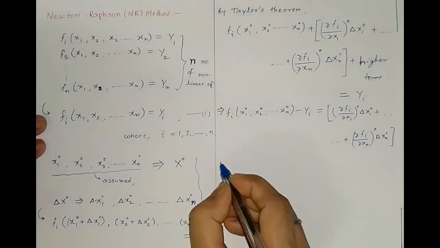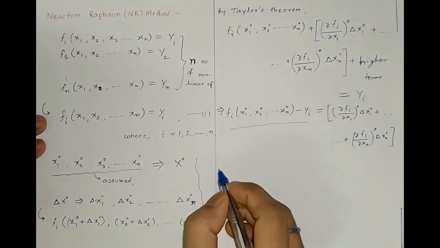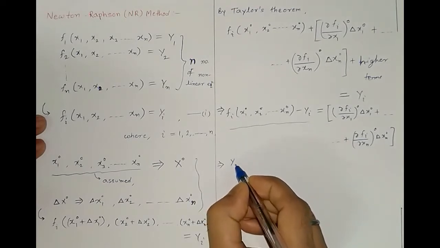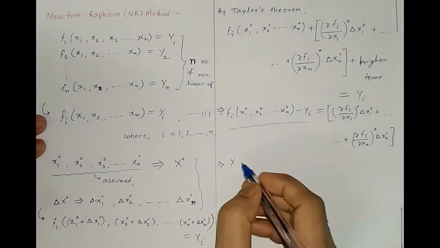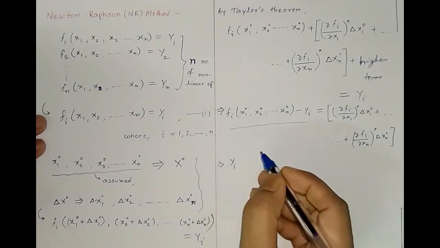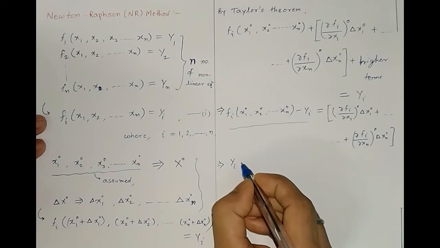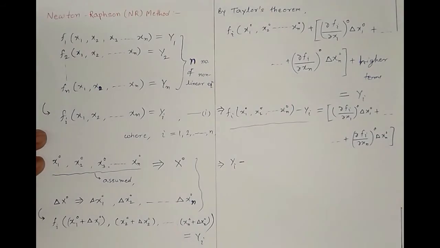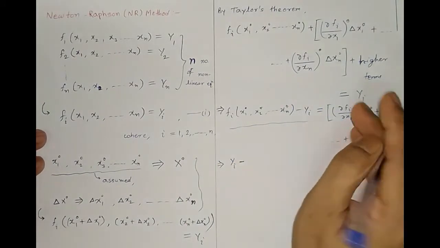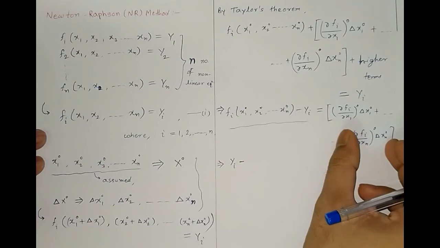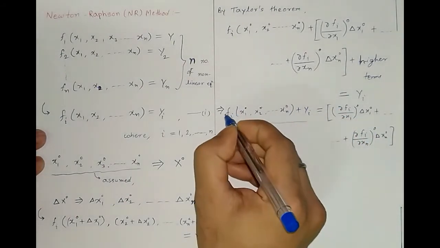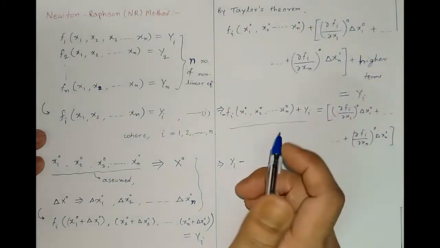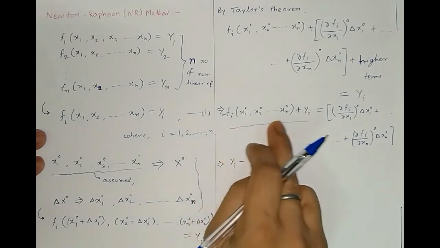Now in general form, if we shift this portion to the right side, then it will be on the negative side, that is minus fi plus yi.